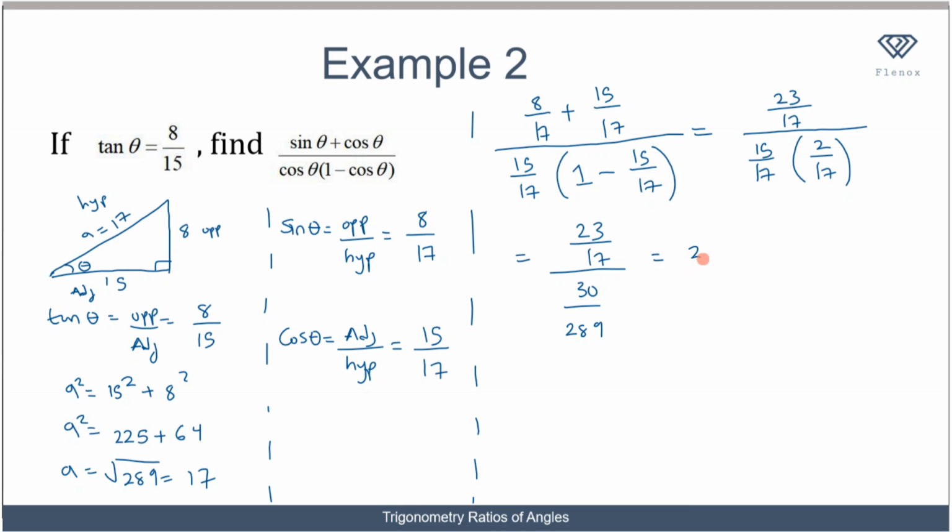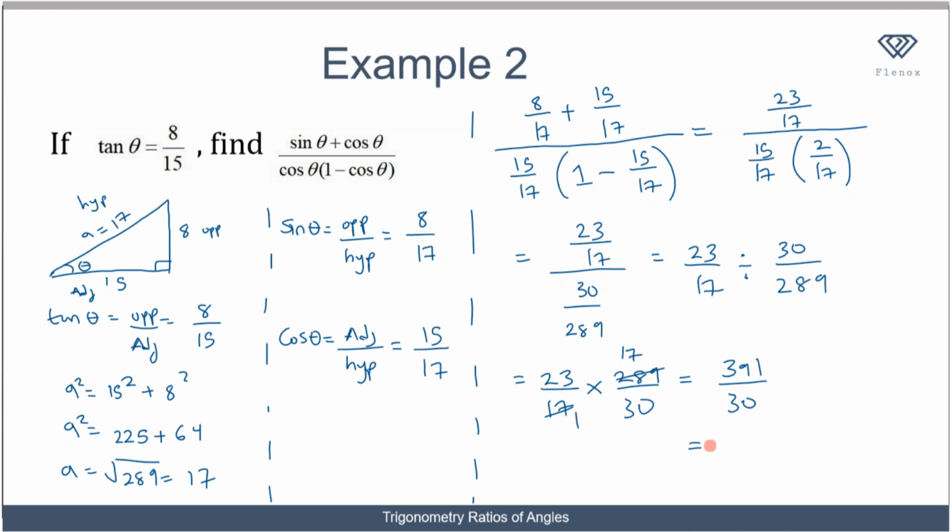So this is the same as 23 over 17 divided by 30 over 289, and that becomes 23 over 17 times 289 over 30. 17 goes into 17 once and 17 into 289 goes 17. 23 times 17 gives me 391 over 30.